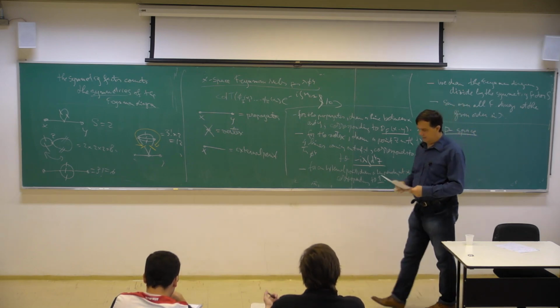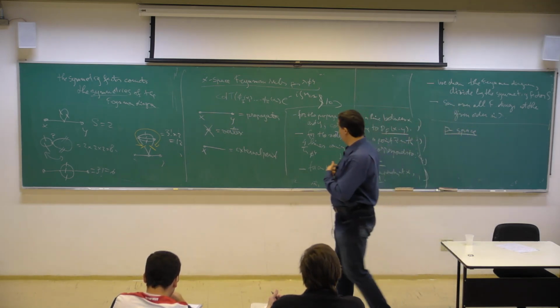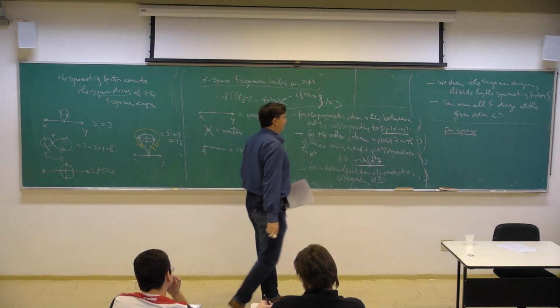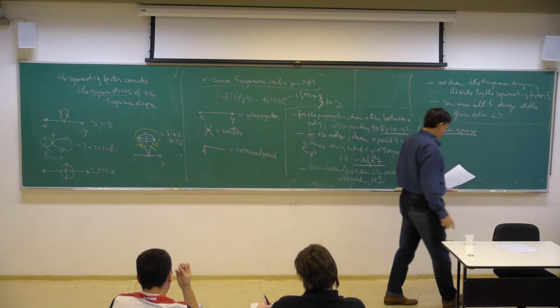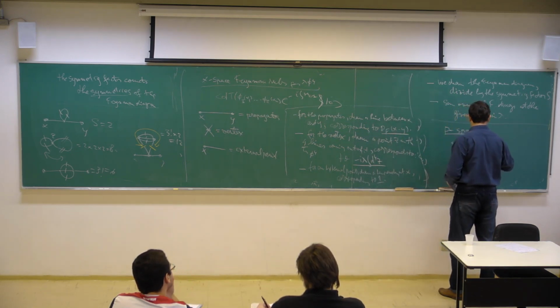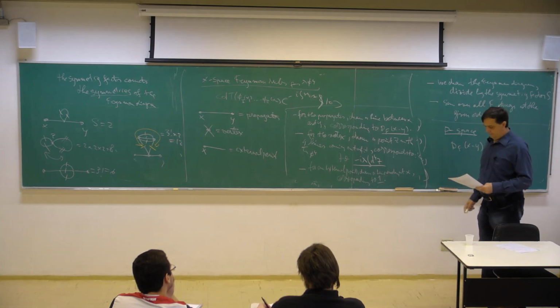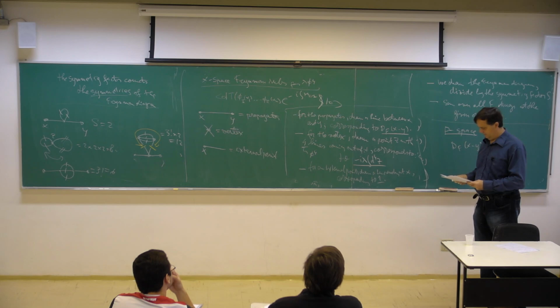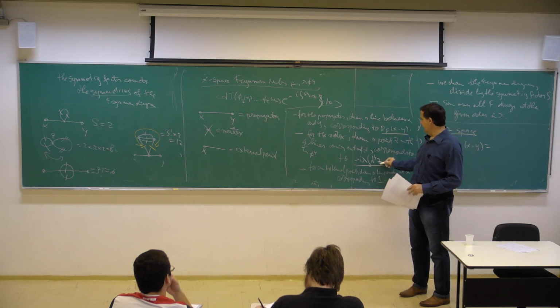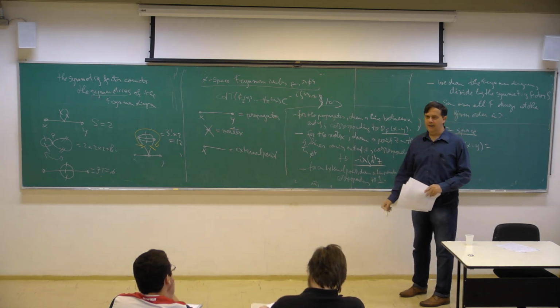Let's consider now momentum space. The same thing in momentum space. We found that we had three objects in here: the propagator, the vertex, and the external line.